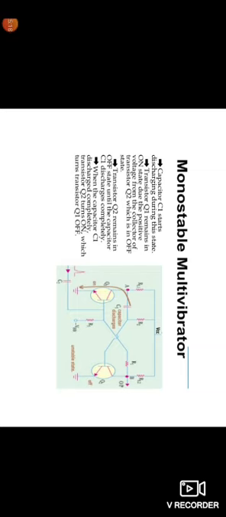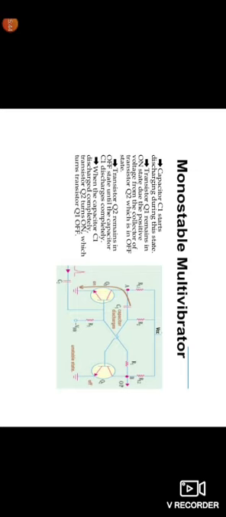Transistor Q1 acts as a short circuit. Transistor Q2 remains in off state until the capacitor C1 discharges completely.